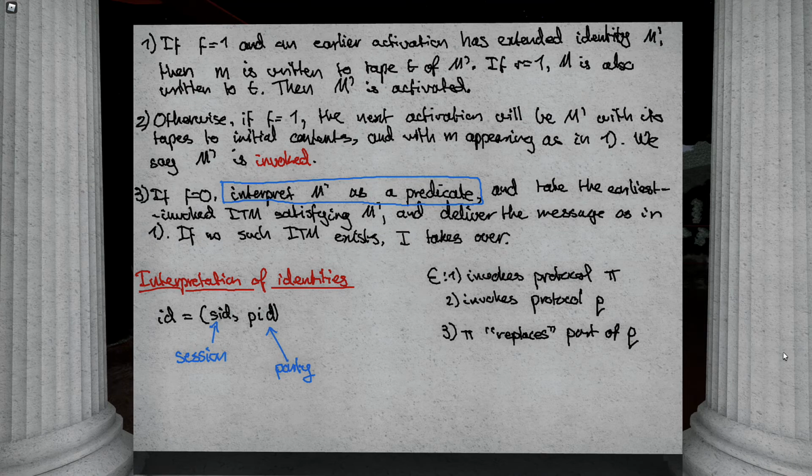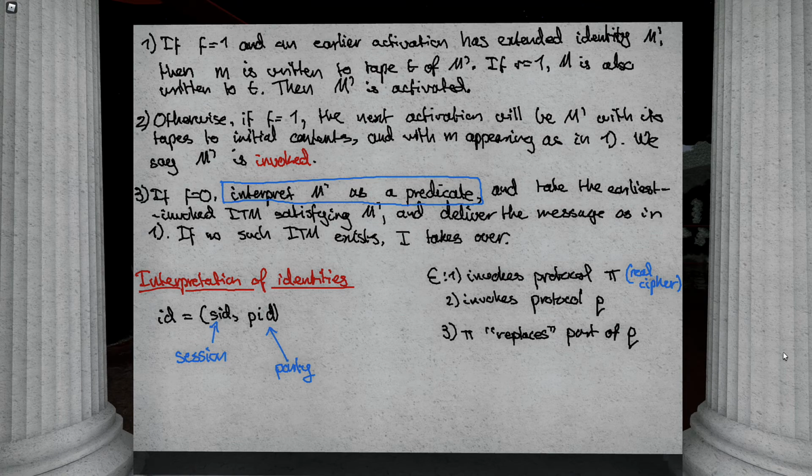So for example, part of the protocol rho involves a cipher, and then it involves an ideal functionality cipher, something that really truly contains no information about the message being sent. But of course that doesn't exist in real life. So we're going to replace it with a protocol pi, for example a real cipher. We're going to replace the perfect cipher in rho with a real cipher.